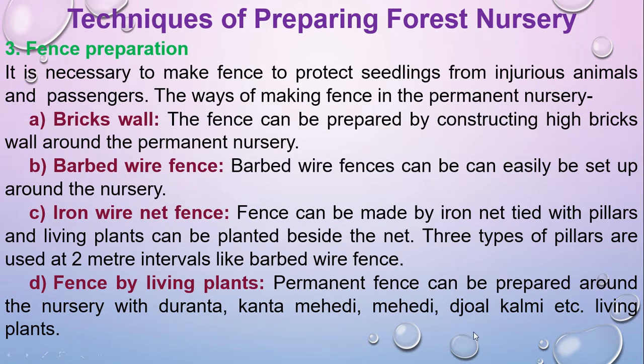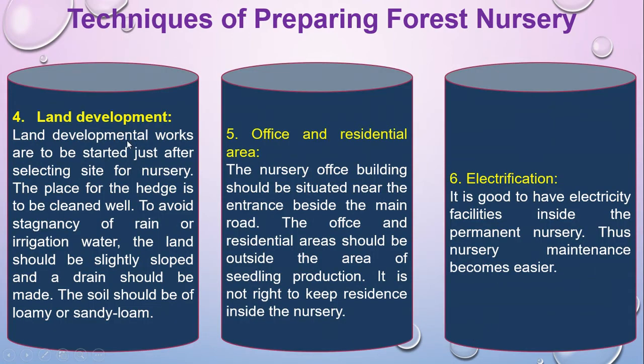Next point is land development. When you do that, you have to make sure of the land development. If you do not develop the land properly, your site will not be organized. That means land development works are to be started just after selecting the site. When you select the site, at that time you start to develop the land.